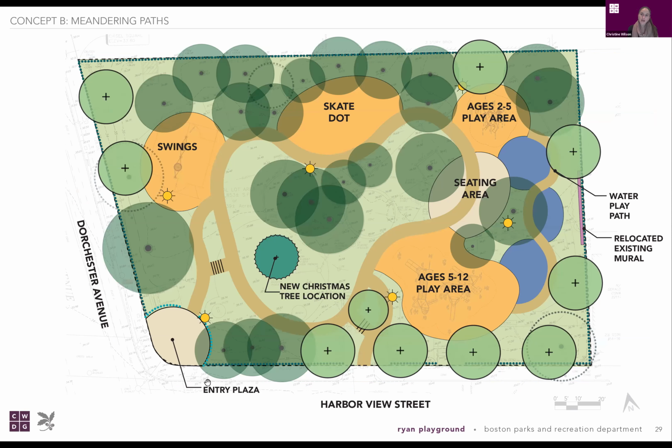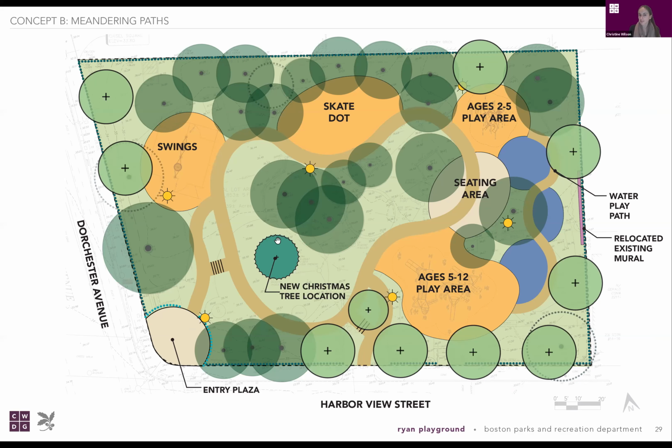So unlike the last option, which just had the gateway at the corner, this has a plaza with some seating around it. And I should note that all the access points off Dorchester Avenue are accessible. We figured out that they can be accessible, and this as well, though as it winds up, there'd be a little shortcut for stairs on both of these, so if you wanted to peel off in another direction.